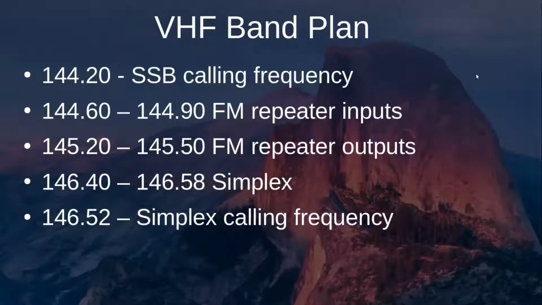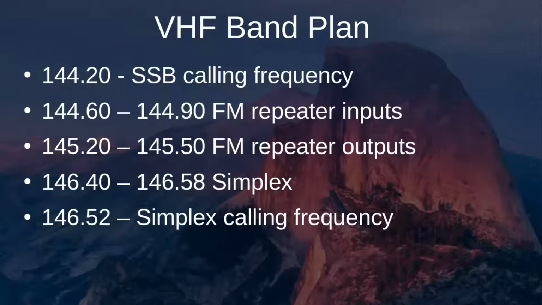The VHF band plan, I'll give you a few examples. 144.20 is the single sideband calling frequency. So you can actually utilize single sideband on VHF on 2 meters. This is not the FM calling frequency, but this is designated for single sideband calling. 144.60 to 144.90 are typically reserved for FM repeater inputs.